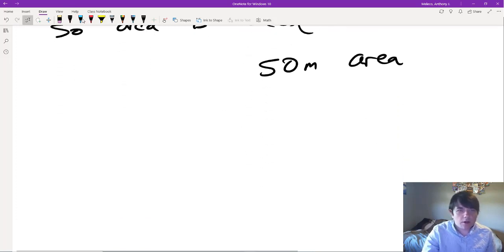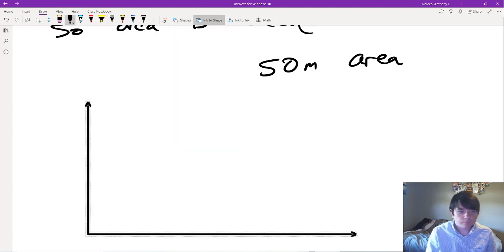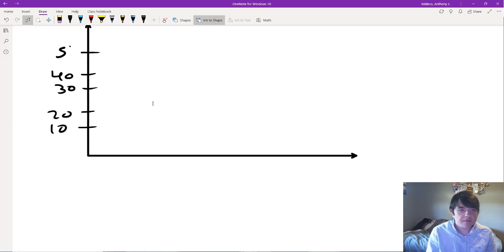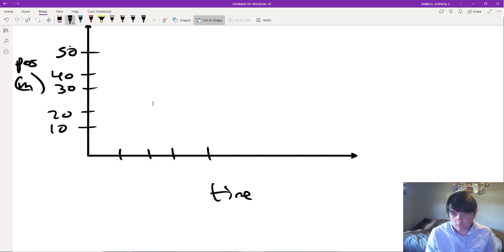And so when we plot our, what we know is now a line, 2, 3, 4, 5, this is 10, 20, 30, 40, 50 meters. This is position in meters, this is time. 2, 3, 4, 5.